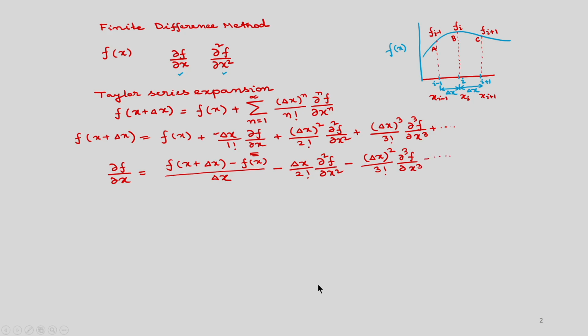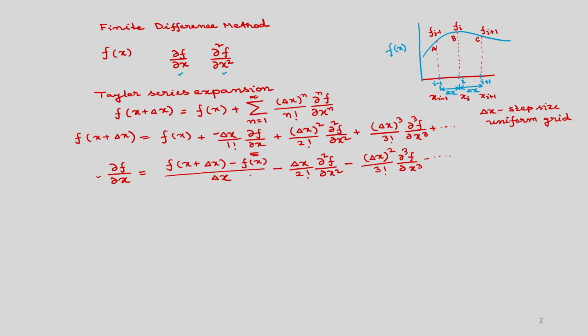You can see that we have represented the first derivative of f with respect to x about the point x as f x plus delta x minus f x divided by delta x. Delta x is your step size and it is uniform, so it is a uniform grid. These discrete points are known as the grid. We have approximated the derivative as f x plus delta x minus f x divided by delta x, and some other terms are there.